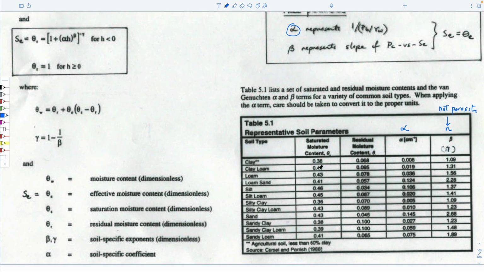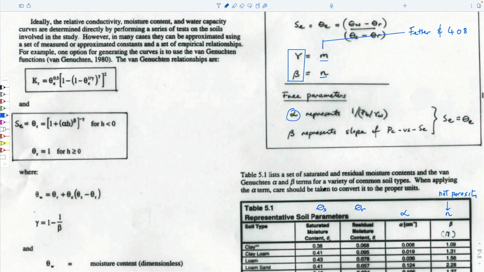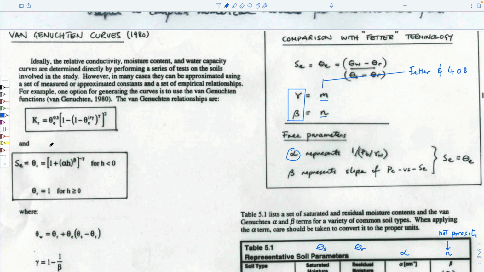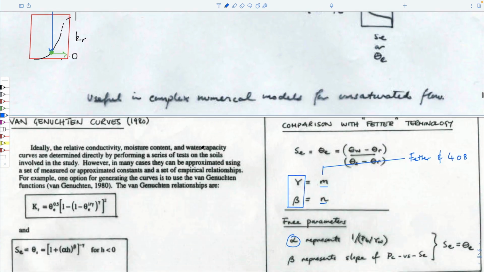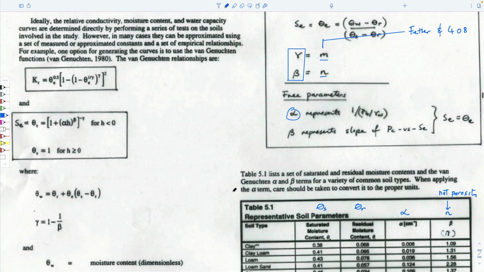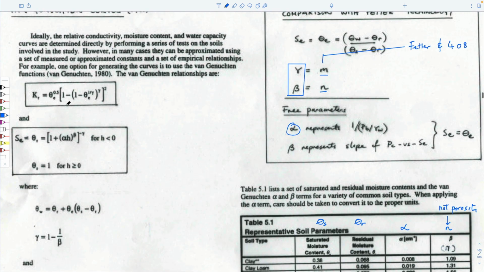These are the moisture contents that we're using. I guess this is what we've called phi sub s. This is residual moisture content. This is phi sub r. And it gives these values for the relative permeability. It's actually the same as the curves we mentioned up here, but they're just given here.